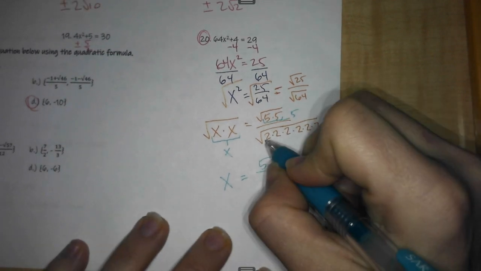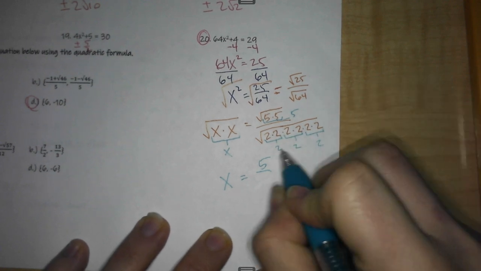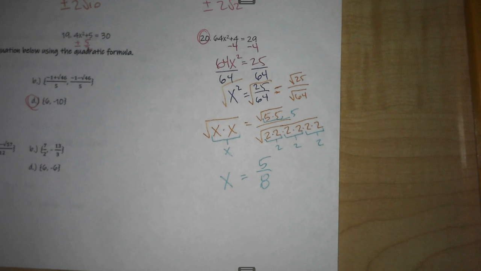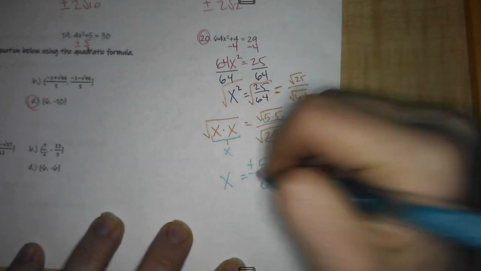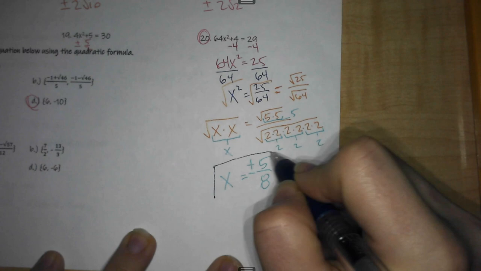And then what do we got here? We got a 2, a 2, and a 2. So I'm pulling out three 2's, which is 8. 2 times 2 times 2 is 8. So our answer is plus or minus 5/8.